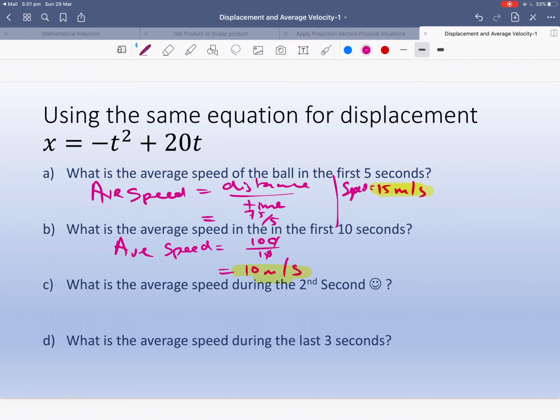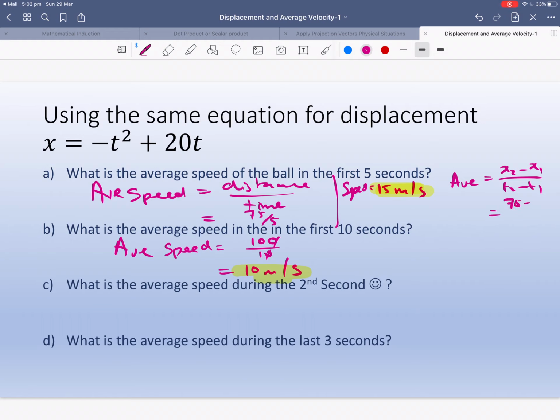Now, I should be using a different formula than the one I've used right now, but it's quite intuitive to use it this way. Let me explain. The average speed formula will be x2 minus x1 over t2 minus t1. Now, x2 will be the distance at t equals 5 seconds, which is 75.